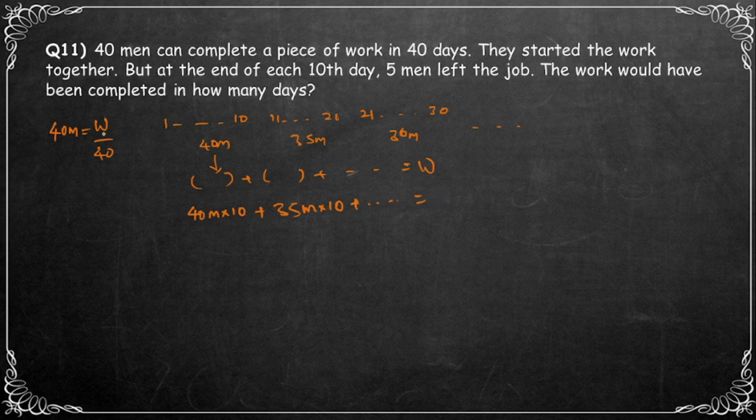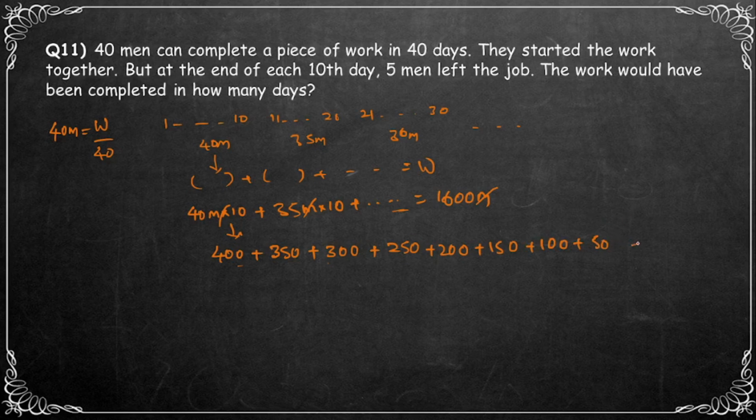So now W we can write in terms of m as 1600 m. So m will be in these terms also, so we can take it out and we can cancel it. So now this will be 400, 350, next will be 30 into 10, which is 300. If we recognize this pattern, next number will be 250, 200, 150, 100, and then 50, and then 0, right?